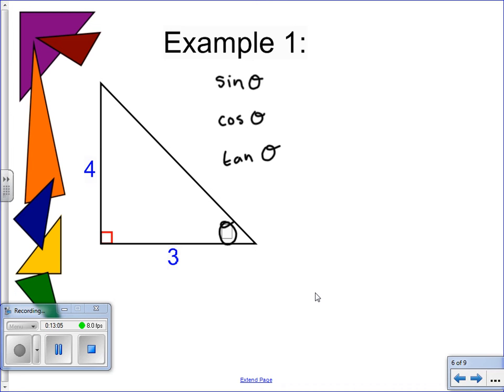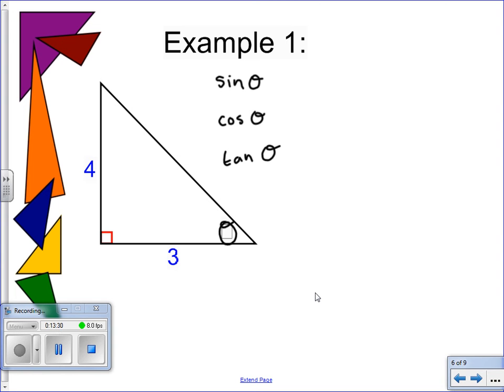What do you think about the triangle that you're provided, and then being asked to find all 3 trig ratios? Are you ready to find all 3? No, what are you missing? The third side.